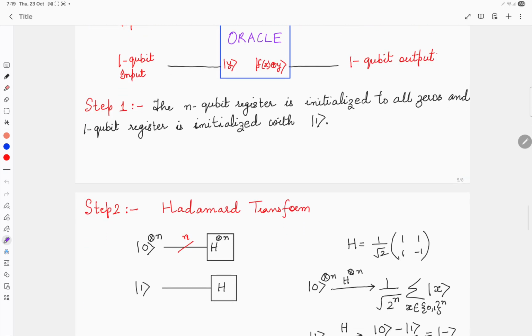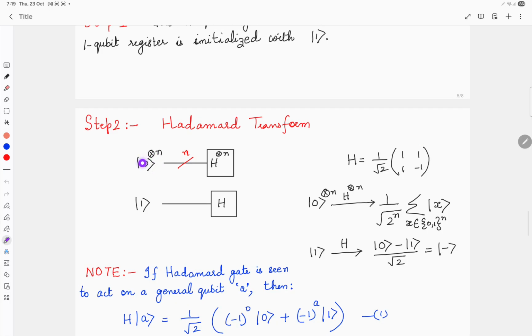So in step 1, we initialize the n qubit register to all zeros, and then we pass all the zeros through the Hadamard gate. Similarly, we initialize the ancilla qubit to ket 1, and pass it through the Hadamard gate also.